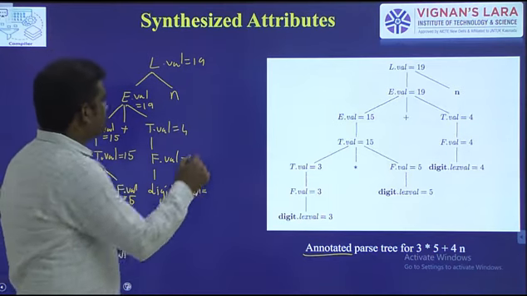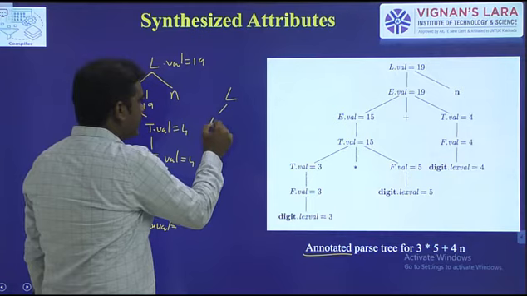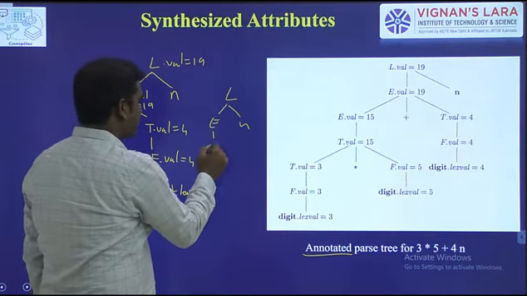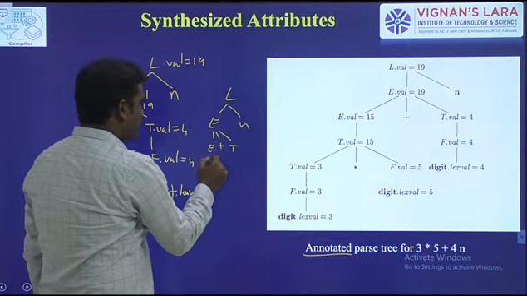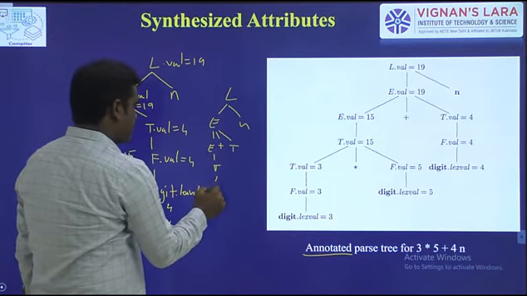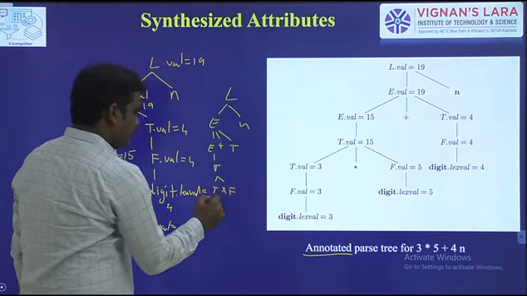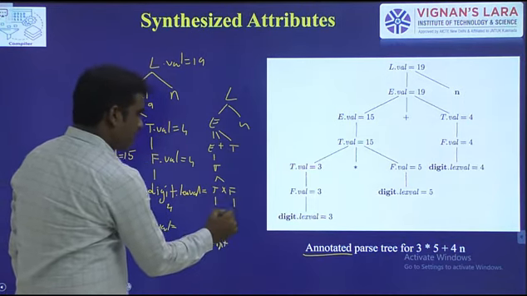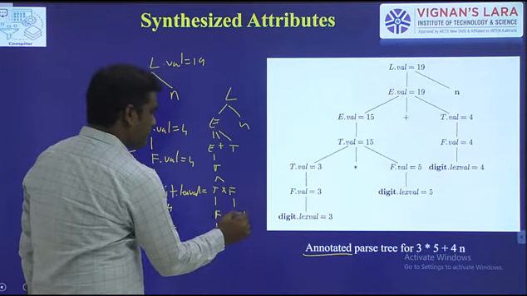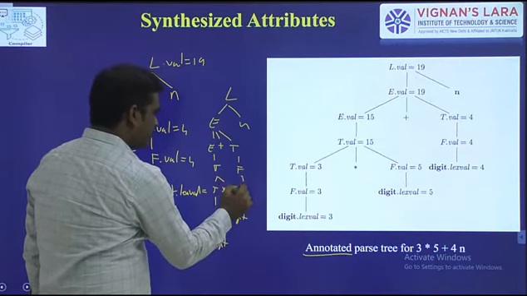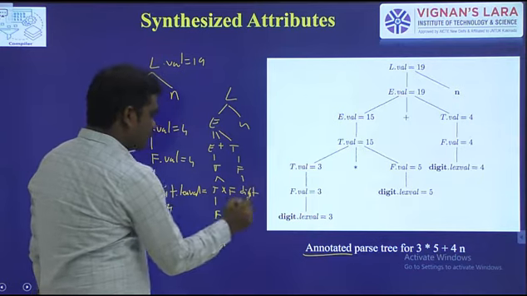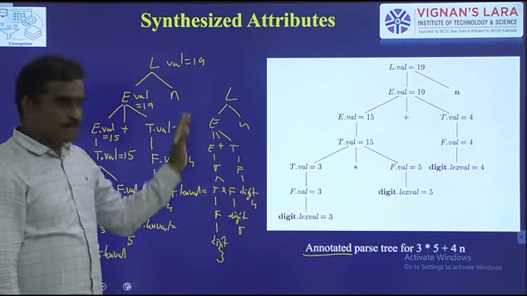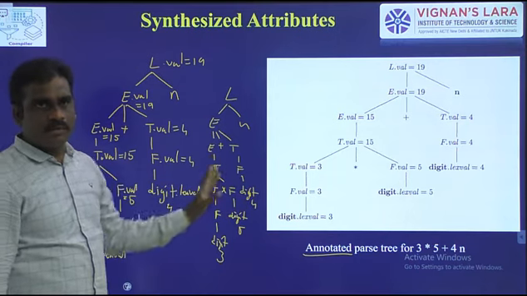Suppose L to E n, E to E plus T, E to T, T to T star F, F to digit, same way T to F, F to digit. Suppose this is 3, this is 5 and this is 4. So it is a parse tree.